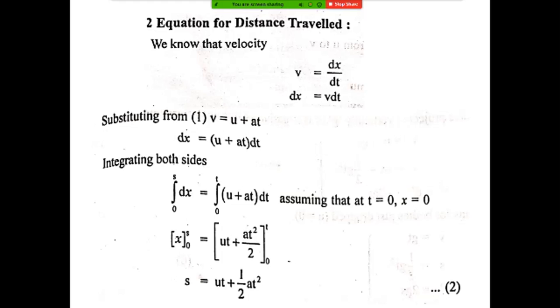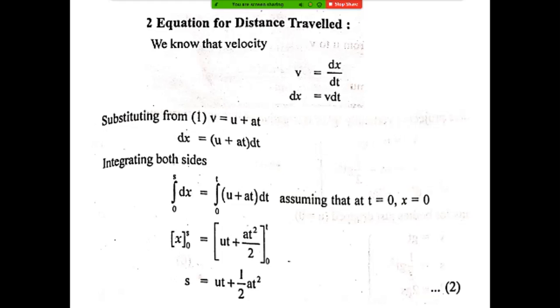Then I will integrate both the sides within the limits. For dx, the distance x goes from 0 to s. S is the total distance traveled. I will integrate dx with respect to the limits 0 to s, and (u plus at) dt from 0 to t, assuming that at t equal to 0, x is equal to 0 initially, distance 0 at time 0.